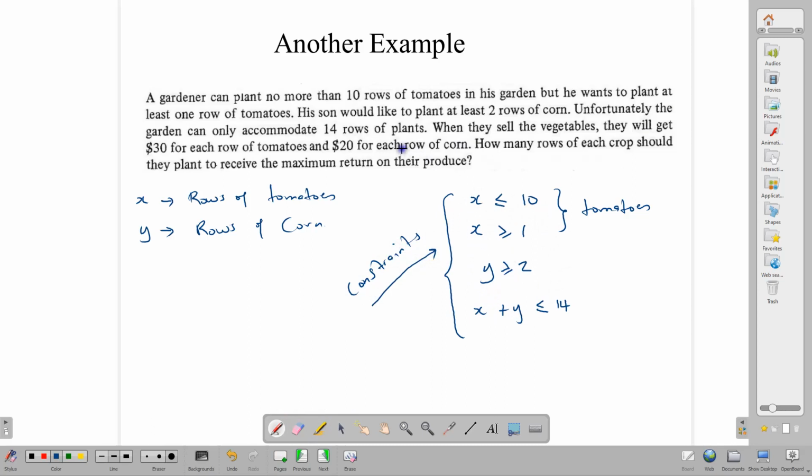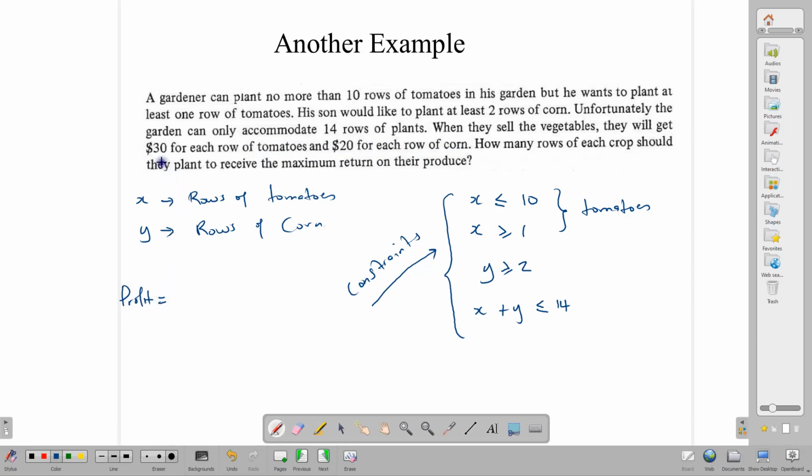Now, an objective function is given there in terms of how much money they will make. So let's call it profit. And you could call it wage or whatever.